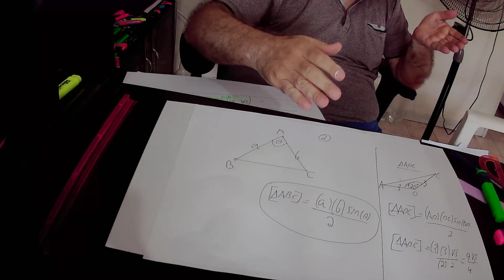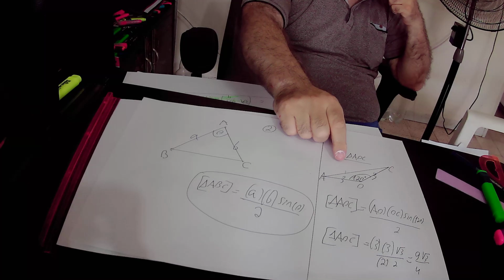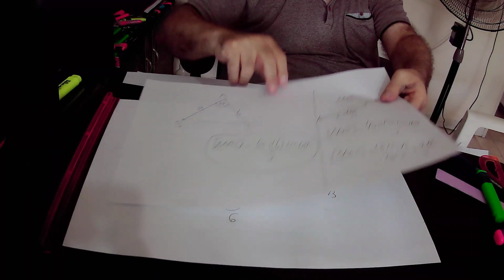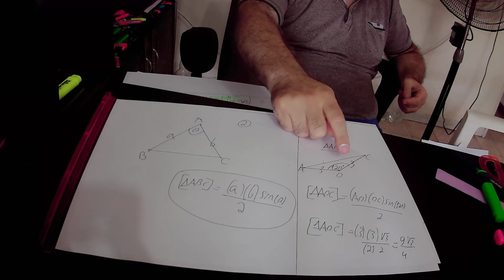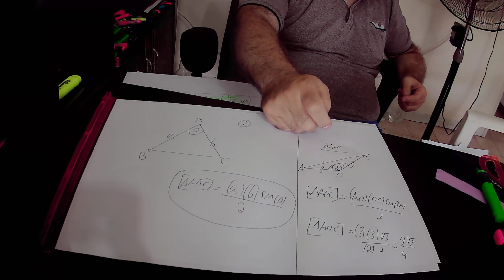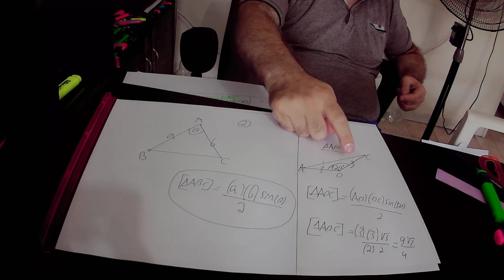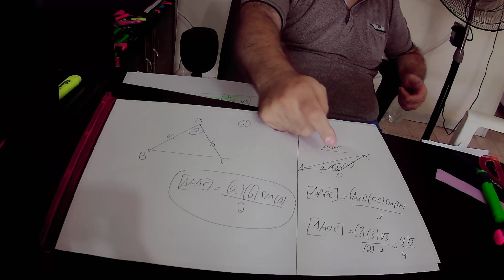We implemented the new formula in order to find the area of this triangle AOC. I copy triangle AOC here. AO equals 3, OC equals 3. They are both the radii of the semicircle. The angle between side OC and side OA is 120 degrees.